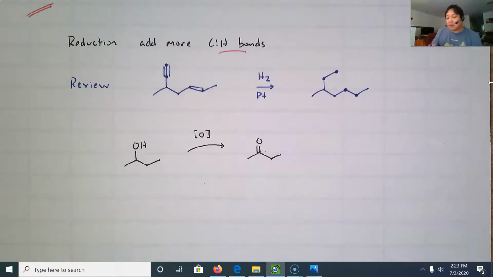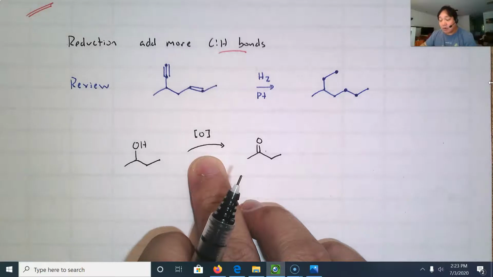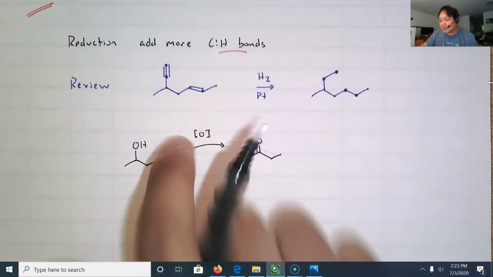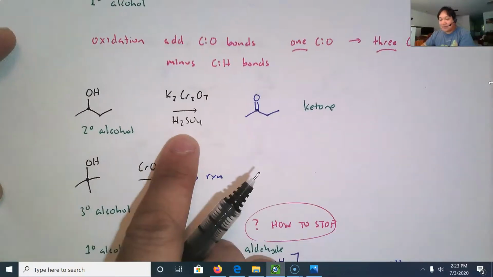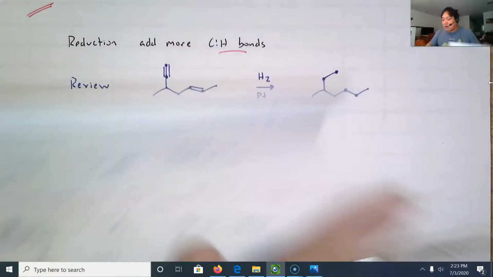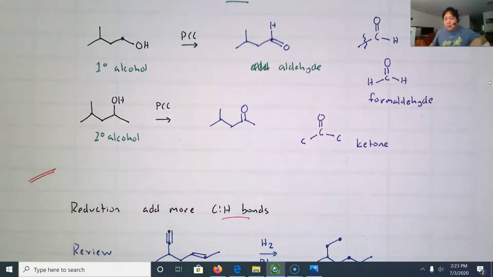Now, on an exam, you have to actually put the reagent, either the Jones reagent or PCC, right? We could do it 2 ways, using chromic acid or a surrogate of chromic acid to the ketone, or PCC to the ketone. Either one works. It doesn't matter to me which one you want to use.